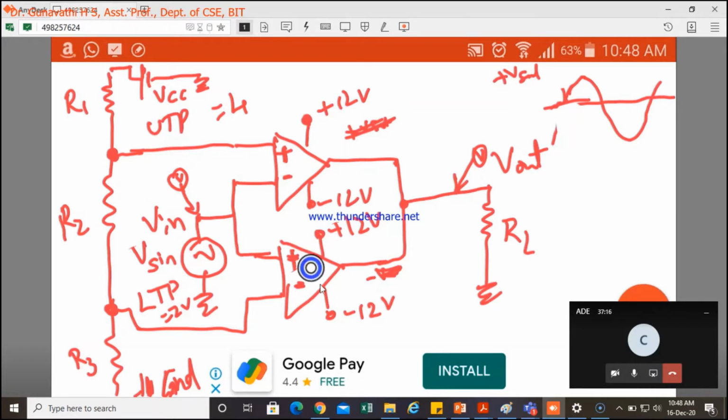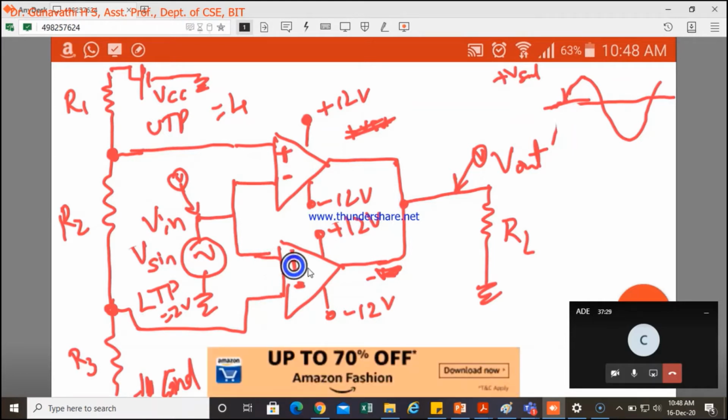So it starts operating once the input reaches 2 volts, because 2 volts is applied across this terminal. So when the input is greater than 2 volts, the output here is plus Vsat. Here it is 4 volts, here it is 2 volts, so here we are getting plus Vsat.